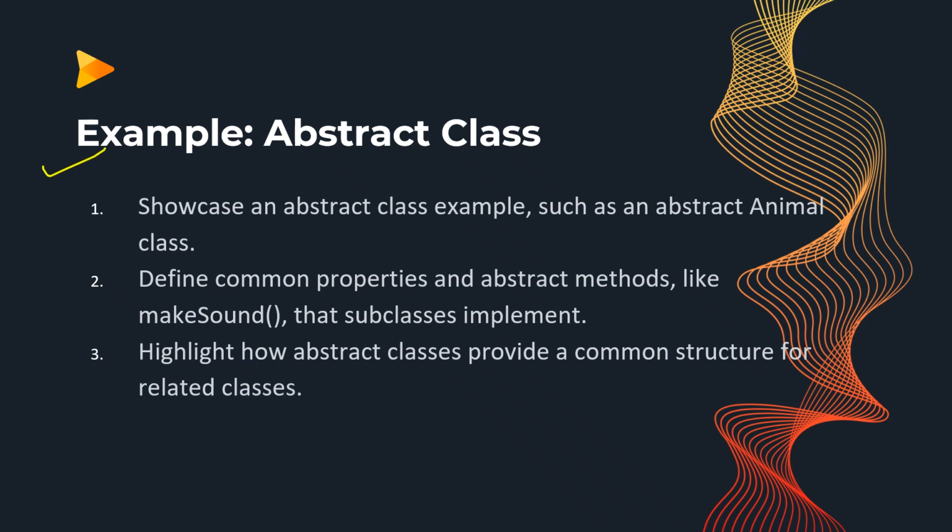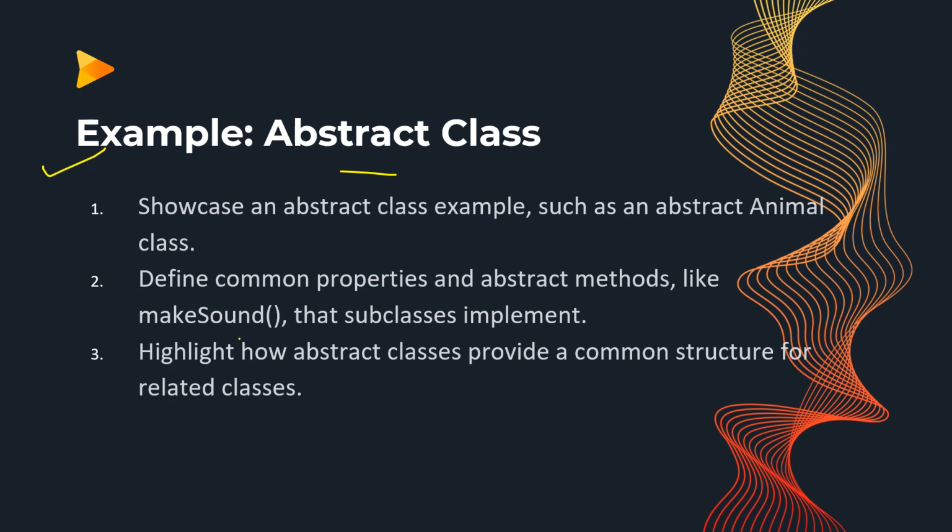Now, an example of an abstract class. We are going to create one abstract class called Animal, and we will define common properties and abstract methods like makeSound.